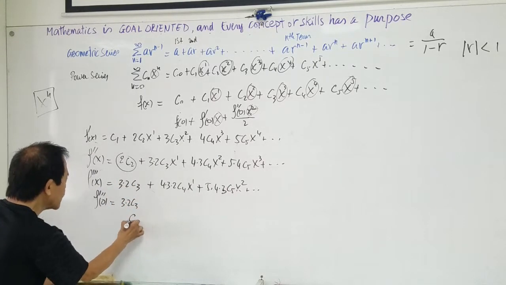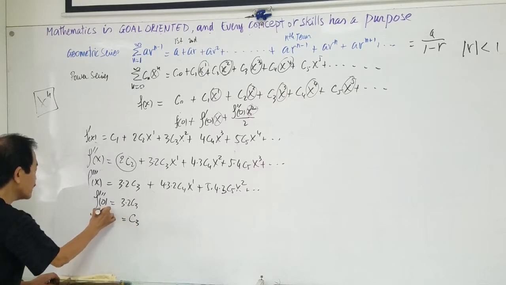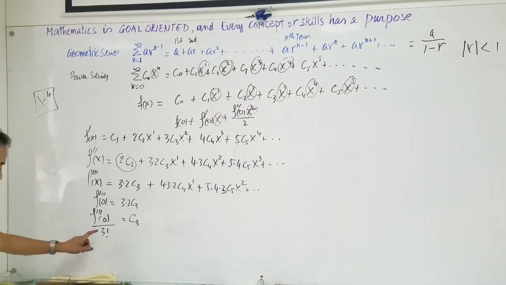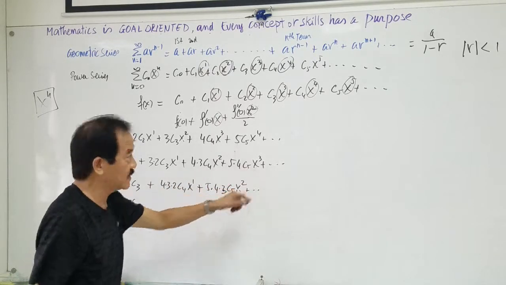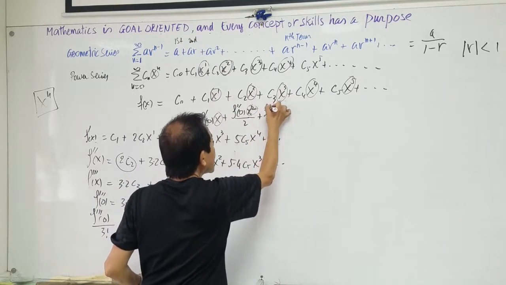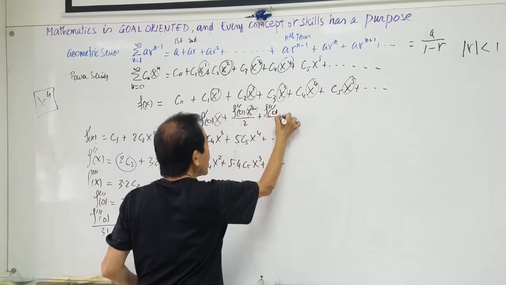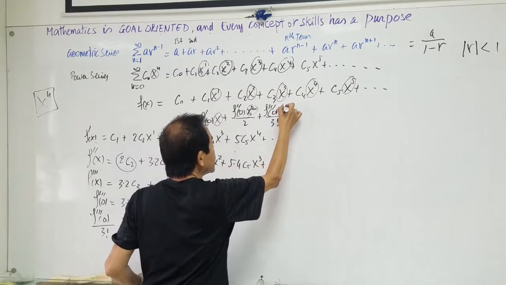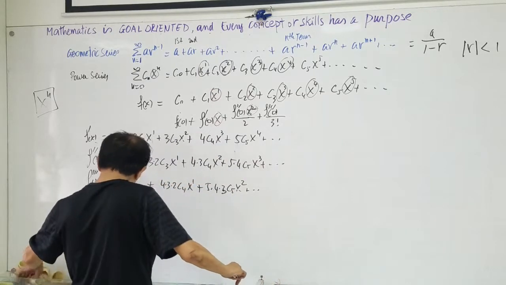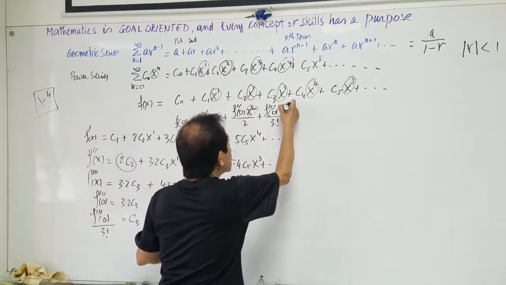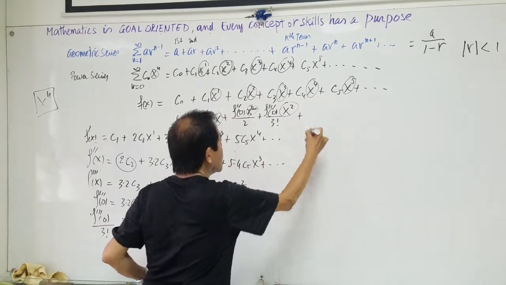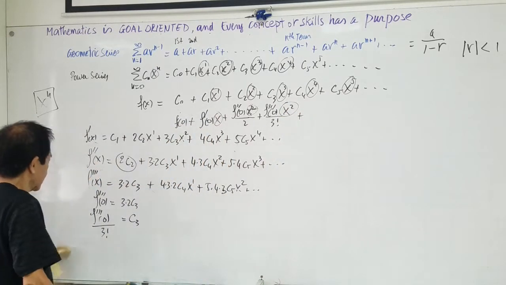Therefore, C3 equals f third derivative of 0 divided by 3 factorial. You see the pattern here, this is going to be factorial. So then I substitute here, plus f third derivative of 0 divided by 3 factorial, and it becomes x cubed. Then one more.